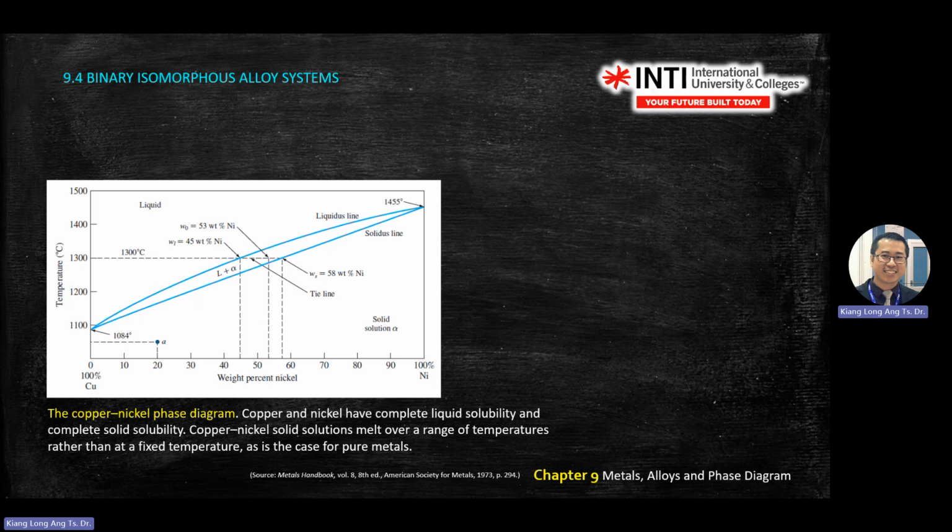I asked you about phases. Solid is one. What are the solids you have on this graph? You need to identify the solid name. What are the solids you have?